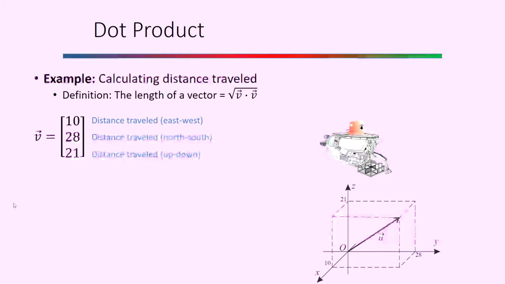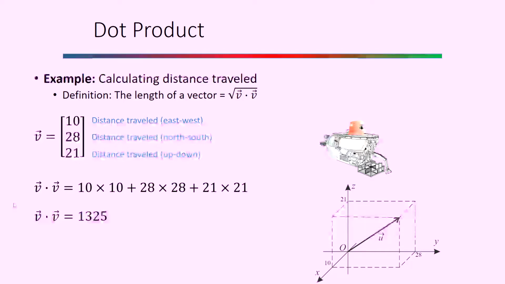The length of a vector is equal to the square root of the dot product of that vector multiplied by itself. So if we want to calculate the distance the submarine traveled, we first calculate the dot product of v times v. The dot product of v times v, of course, is simply the first element of v, which is 10, multiplied by itself, plus the second element of v, 28, multiplied by itself, plus the third element of v, 21, multiplied by itself.